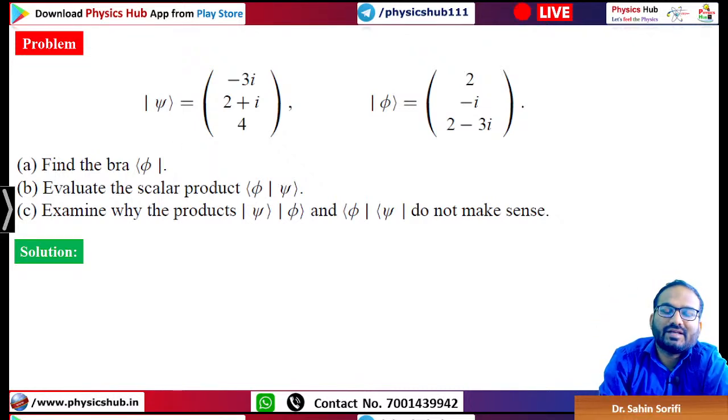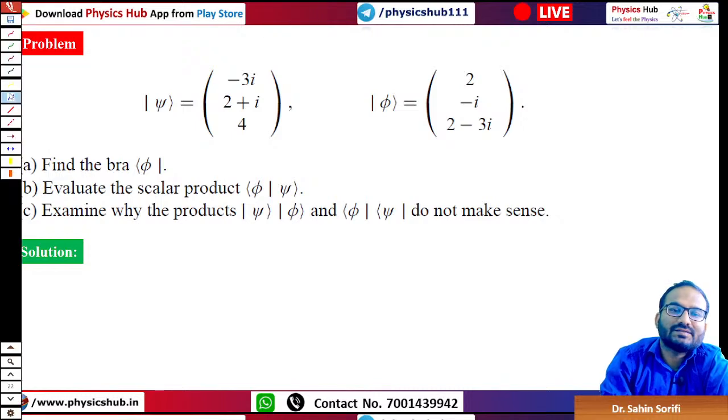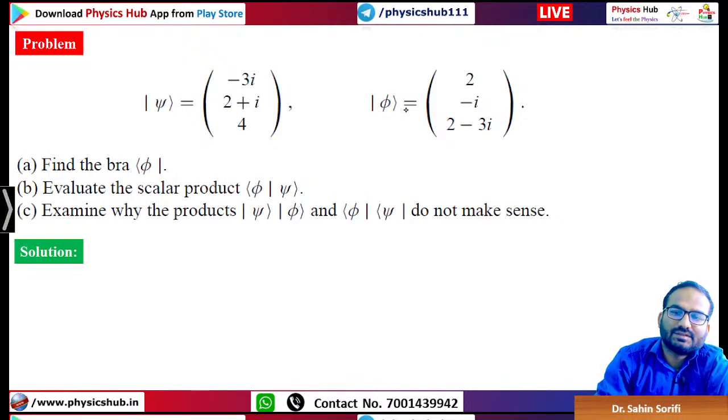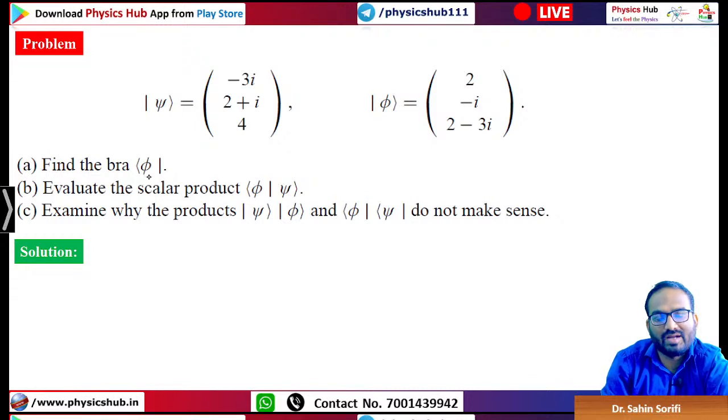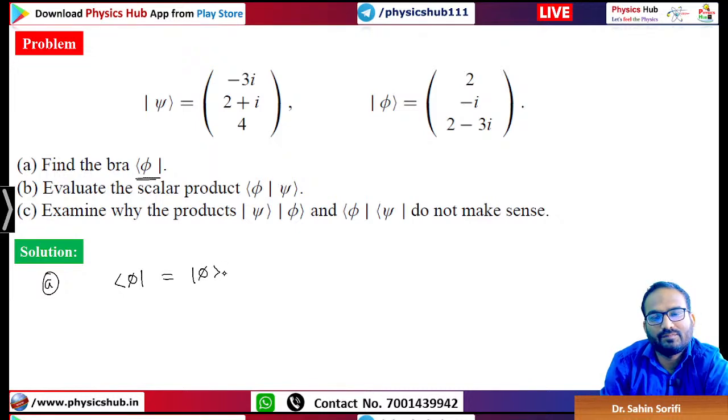Ket psi is given. Ket psi, you remember, is a column vector. Ket psi or ket phi is a column vector. When you consider bra, then that will be a row vector. So find the bra psi. Let's calculate the first one, bra psi. Ket psi is given to you. You know, bra psi is nothing but the complex conjugate transpose of the ket psi.